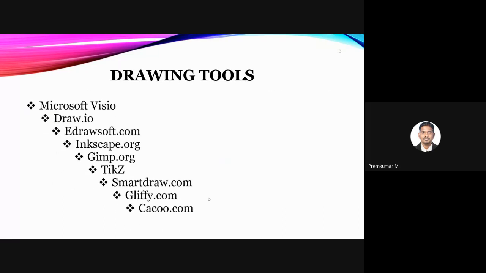Then apart from that, we have a lot of drawing tools. Here I just listed many tools. Out of that, one of the most professional drawing tools is Microsoft Visio. Again, it is a commercial version released by Microsoft. If you have the licensed version, it is always better to go with Microsoft Visio, or else you can try Draw.io.